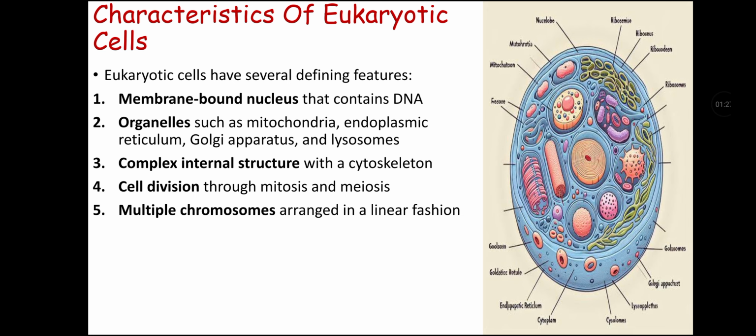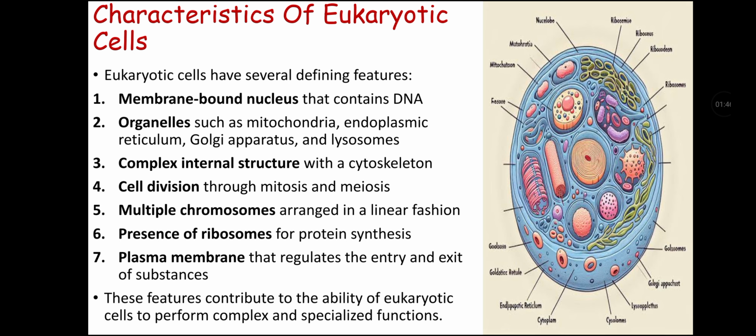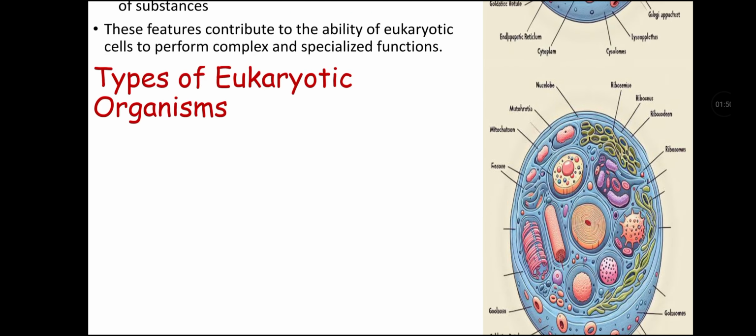Sixth, there are multiple chromosomes that are arranged in linear fashion in eukaryotes. Sixth, there is presence of ribosomes for protein synthesis that are larger than the ribosomes of prokaryotes. Seventh, there is plasma membrane that regulates the entry and exit of substances. These features contribute to the ability of eukaryotic cells to perform complex and specialized functions.